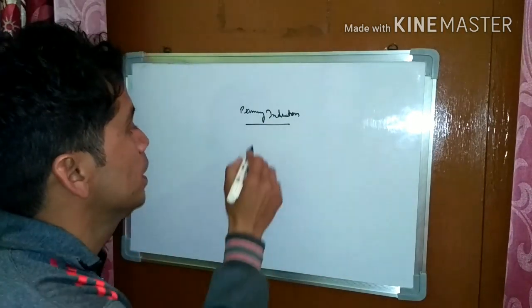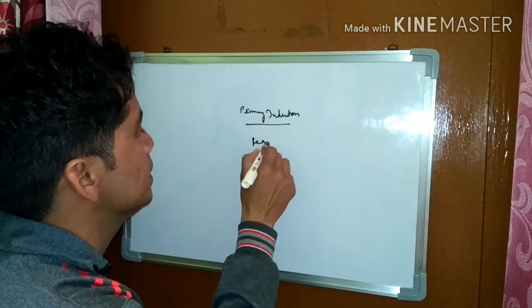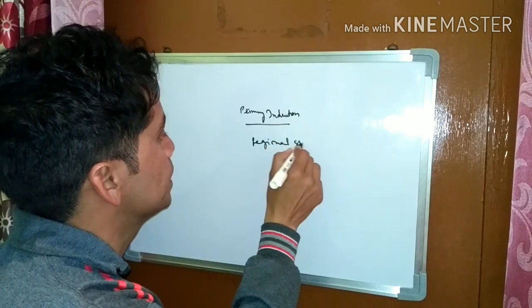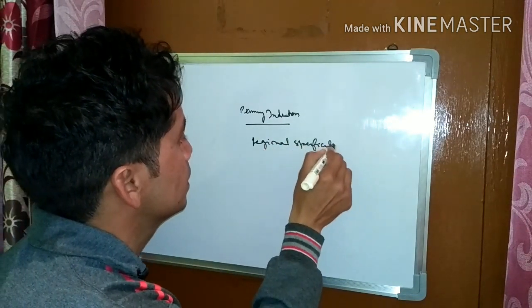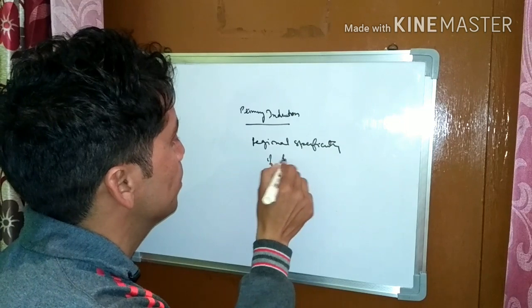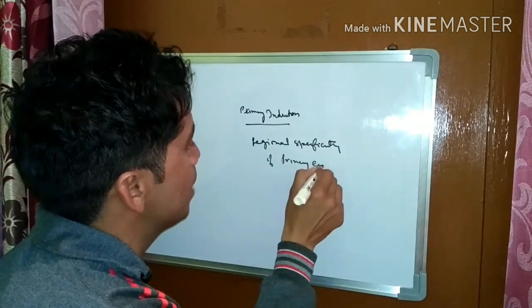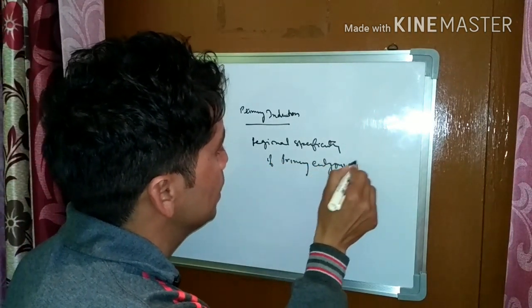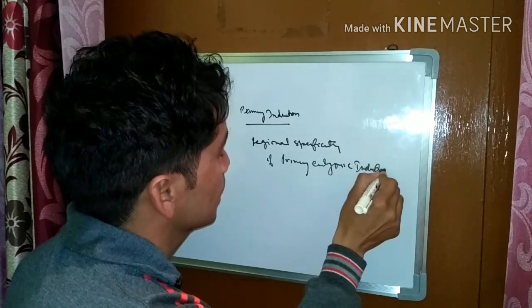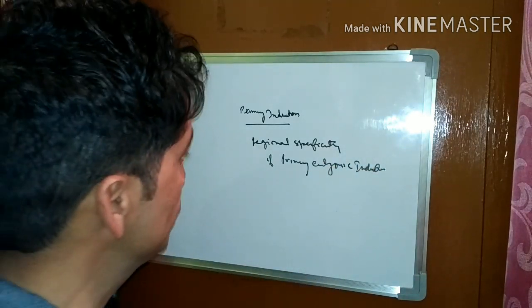First of all, regional specificity of primary embryonic induction. This is the first clue.